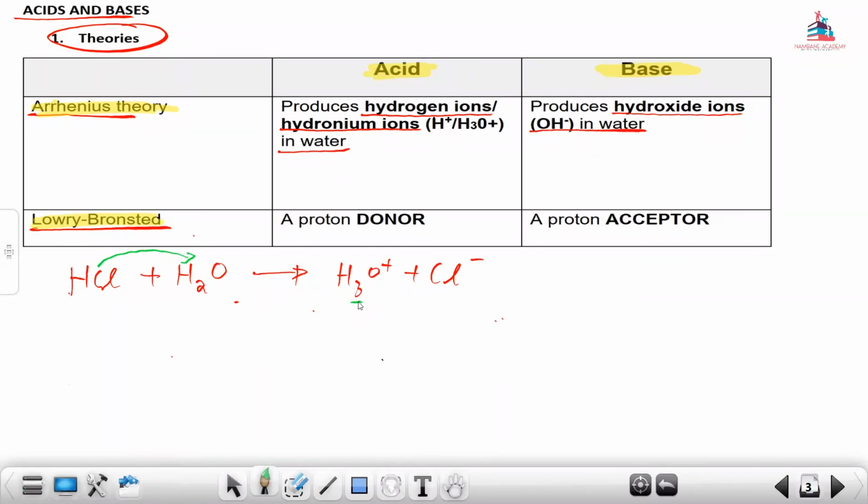Looking at Arrhenius, an acid is a substance that produces H3O plus. I can also incorporate the same thing and ask what Lowry and Bronsted are saying. Lowry and Bronsted say an acid is a proton donor. So what is a proton? A proton is an H plus ion.